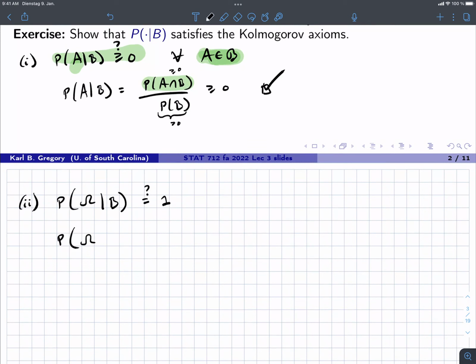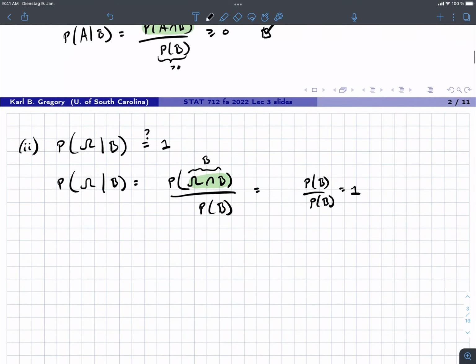So if I put in the whole sample space, I'm going to compute the conditional probability according to its definition like this. And if I take the entire sample space, that's a funny looking omega, and intersect it with the event B, I'm just going to get B. So this on the inside is just B. So I get probability of B over probability of B, which is 1. So we're good.